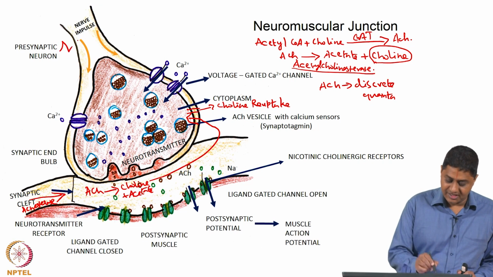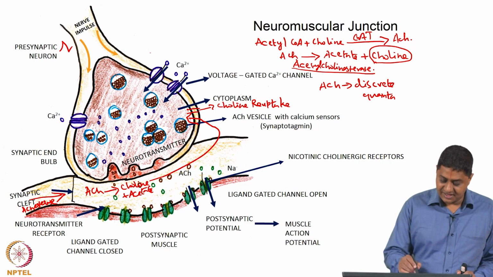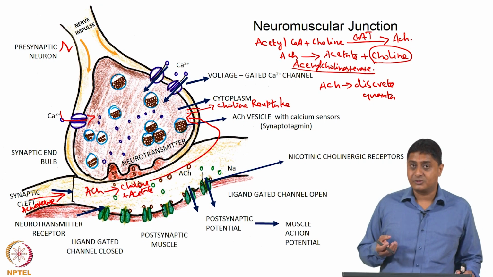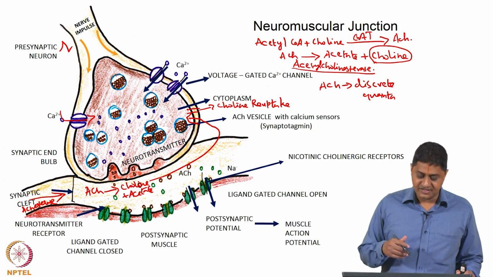When an action potential arrives here, the calcium channels open, letting in a lot of calcium, and synaptotagmin senses the presence of this calcium. Synaptotagmin is the calcium sensor on the vesicle.